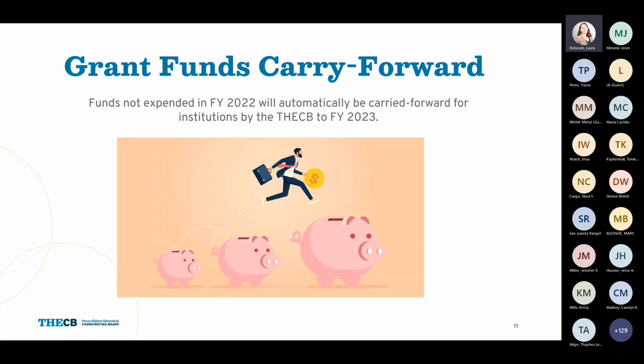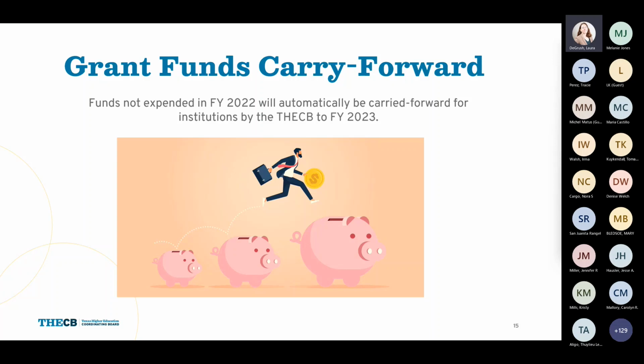Funds that you have left over as not expended for fiscal year 2022 will automatically be carried forward for you from the Texas Higher Education Coordinating Board. So there's nothing that you need to specifically do, no action on your part. This is an automated process. And also there's no cap or maximum amount. Whatever is left over will automatically carry over. So again, no request or action needed on your part.